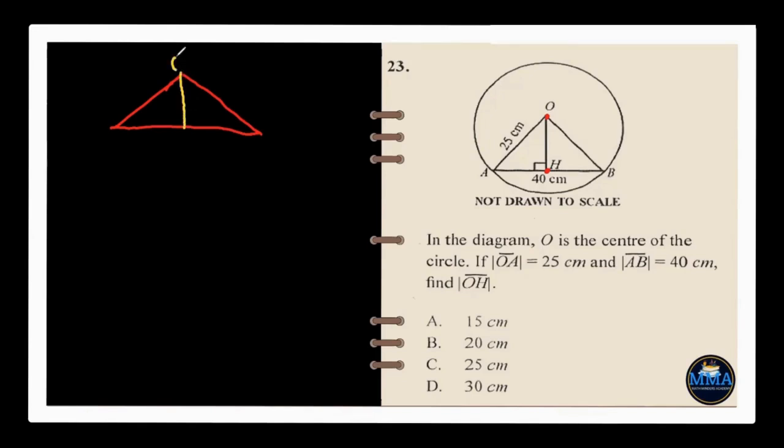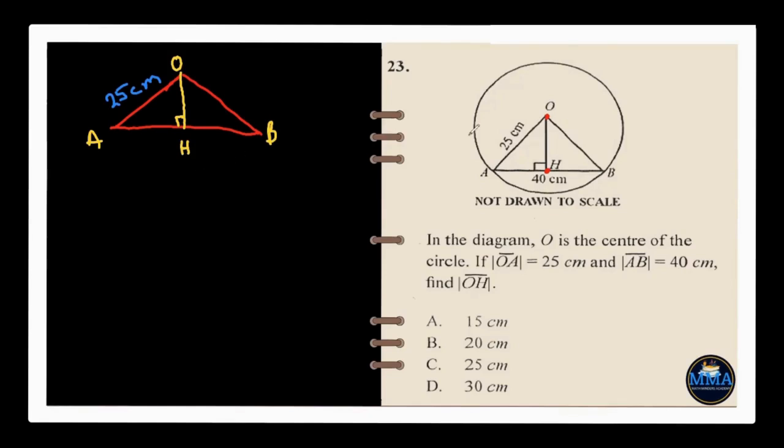Let's draw the triangle. And then we have this. So this is O to H. And remember, this is perpendicular here. This is A. And then we have B. All right. So what other thing are we given? We are given 25 centimeters. Good. Now, the line from the center of the circle that bisects the chord is actually perpendicular to it.